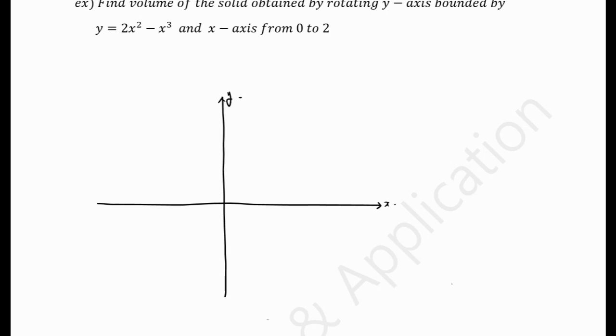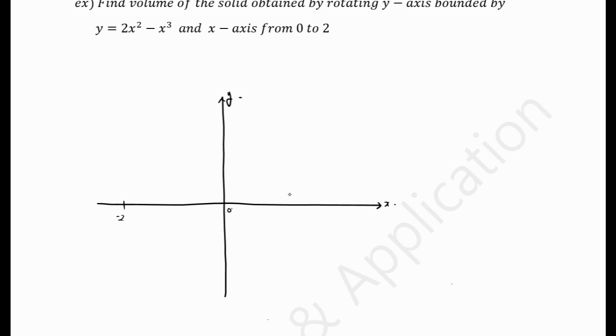This is the x-axis, and this is the y-axis. In this question, it's very hard to find the volume by the washer method, so we need the cylindrical shell method.